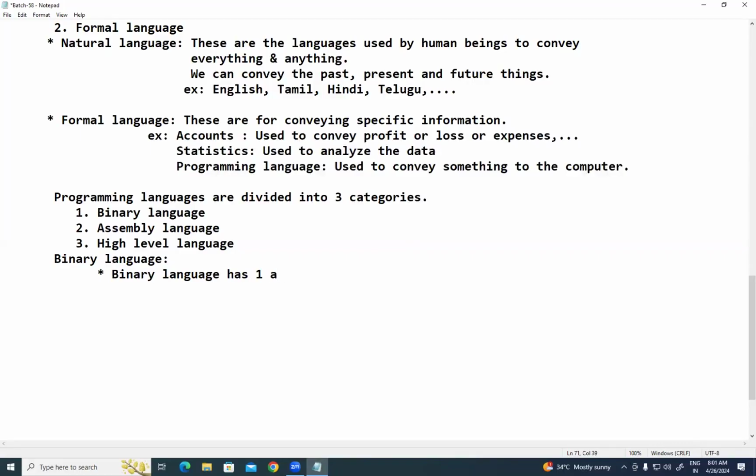One alphabet with how many letters? 2 letters, 0 and 1. And machines, I mean computers, can only understand binary language.